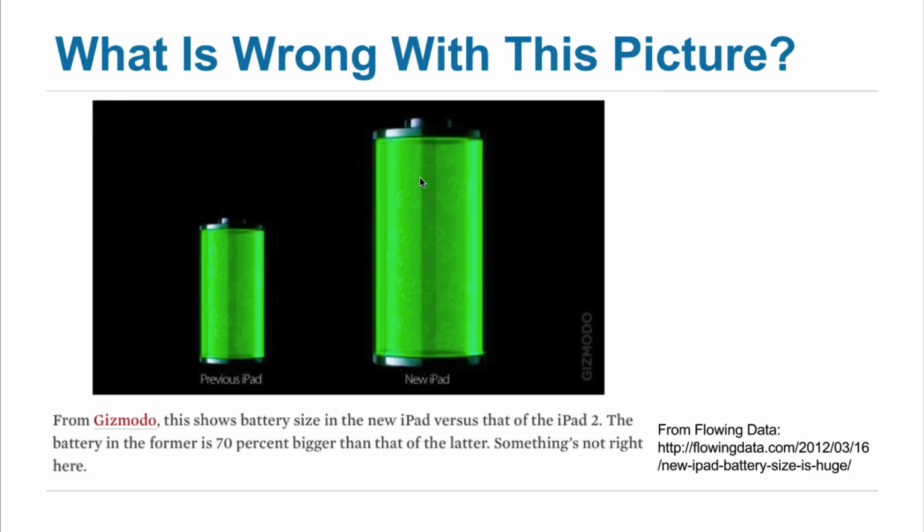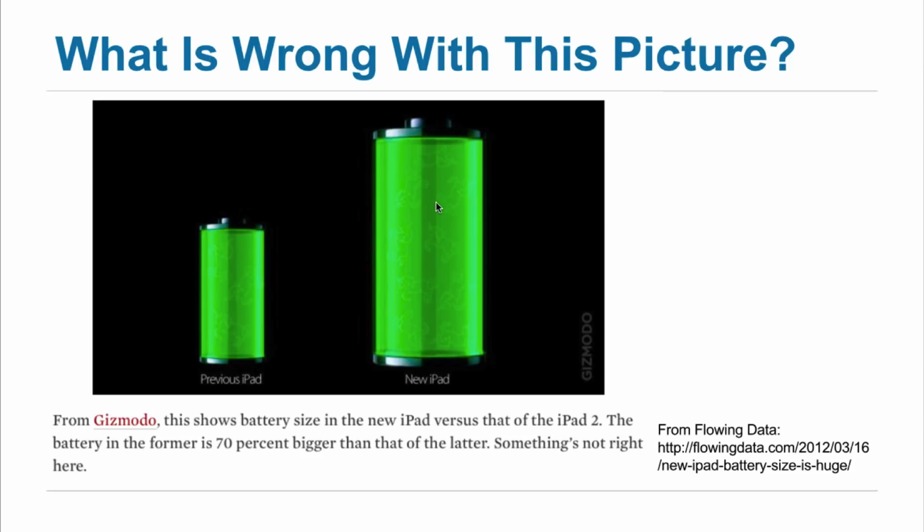It's true that this one is bigger than this one. But how much bigger? It's supposed to be 70% bigger. Well, if this one gets 70% bigger, it won't double in size. To double in size, it would have to get 100% bigger. Yet this battery clearly can hold more than two of these little ones.